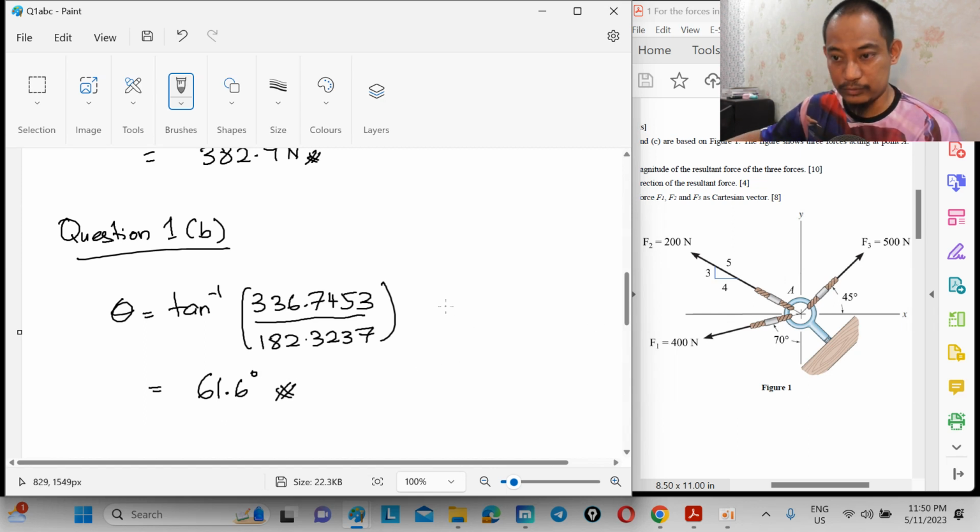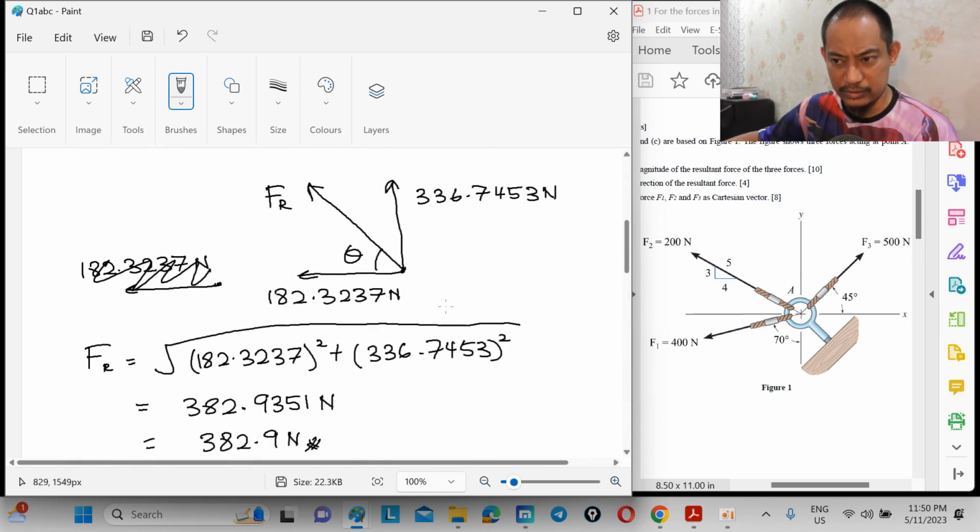Of course, if you want to put it here, in this case the drawing is there, but the value and which quadrant should be very clear.